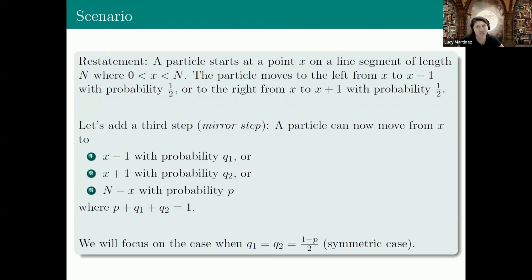Throughout the talk, we'll see why we focus on this case, and at the end, we'll see what's still open. Again, I want to emphasize that we will be staying with the symmetric case, where the probability of moving to the left and to the right by 1 unit is equal to (1 minus P) over 2, and P is the probability of moving from x to n minus x.